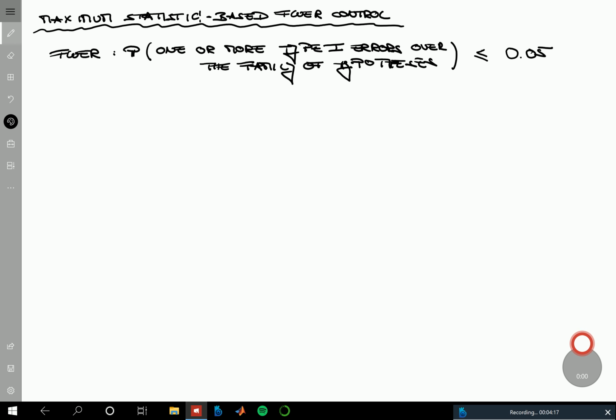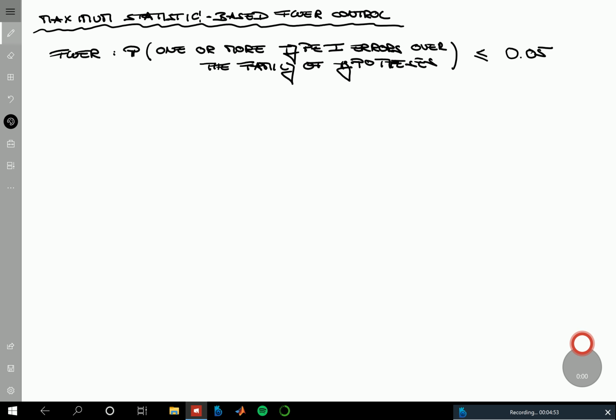So what this means is, if you control the family-wise error rate at a level of 0.05, that means that the probability to observe one type 1 error over the family of hypotheses is smaller than 0.05, but also, for example, the probability to observe 20 type 1 errors, if you have 100 tests, is smaller than 0.05.